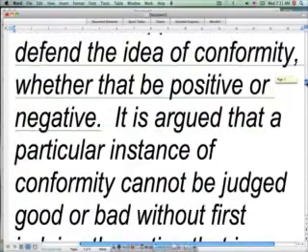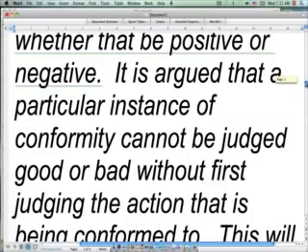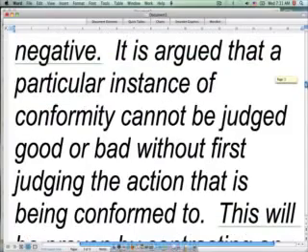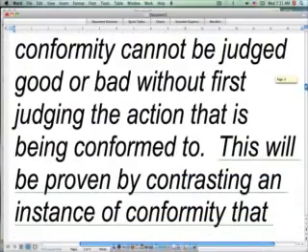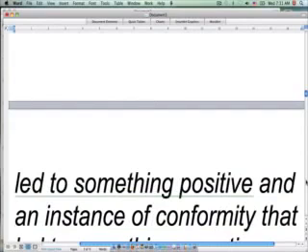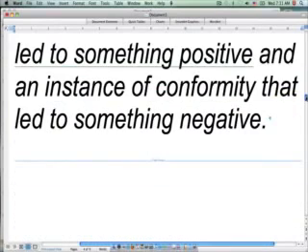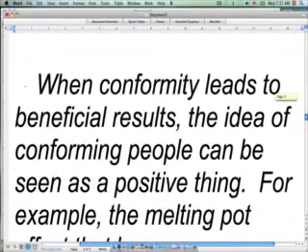It is argued that a particular instance of conformity cannot be judged good or bad without first judging the action that is being conformed to. This will be proven by contrasting an instance of conformity that led to something positive and an instance of conformity that led to something negative. When conformity leads to beneficial results, the idea of conforming people can be seen as a positive thing.